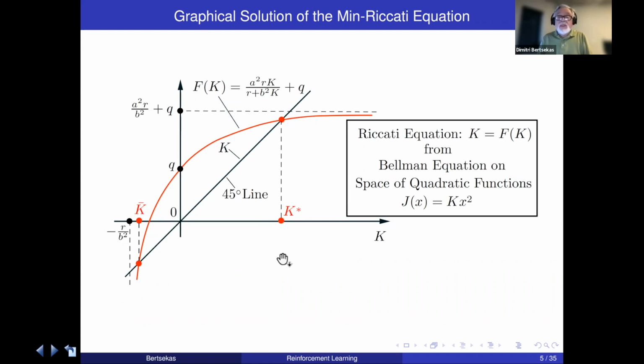So graphically, this is the solution of the Riccati equation, and we are going to interpret all algorithms and all operations, including reinforcement learning and approximation in value space on this figure here. But first, we want to give a graphical interpretation of the L-Bellman equation.